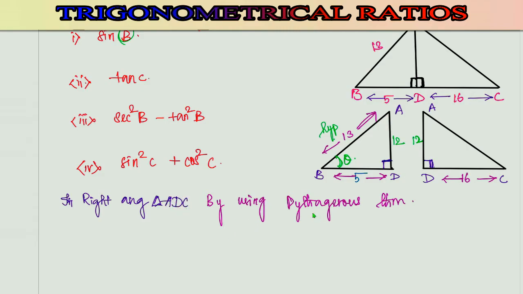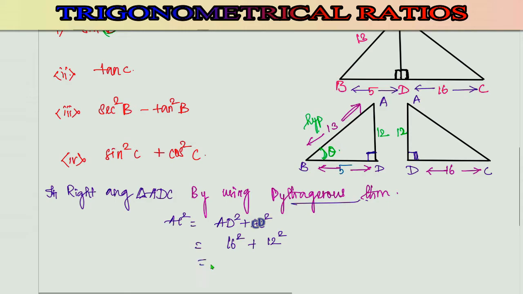By using the Pythagoras theorem, AC square is equal to AD square plus DC square. AC is the unknown value, so AD square is 12 square plus DC square is 16 square. 16 square is 256 plus 144, so we got 400.